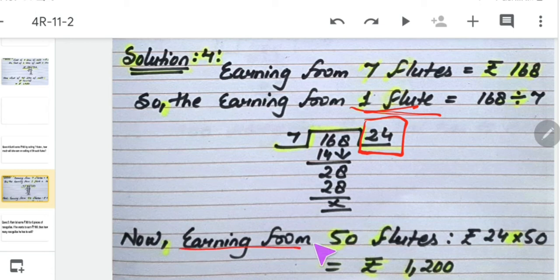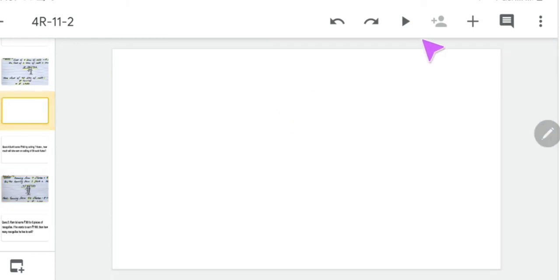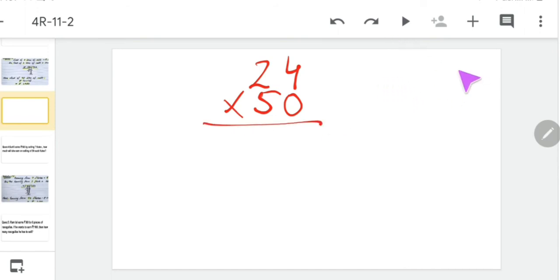So the earning from selling 50 flutes will be 24, which is the price for 1 flute, multiplying with 50. Let's see the multiplication. 24 multiplying with 50. Okay. First we have to multiply this 0 with 4. So the answer is 0. Then this 0 with 2.